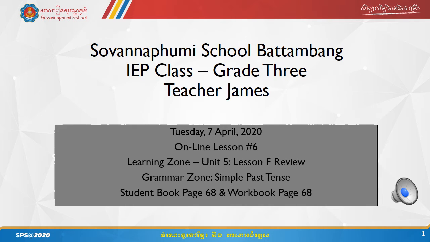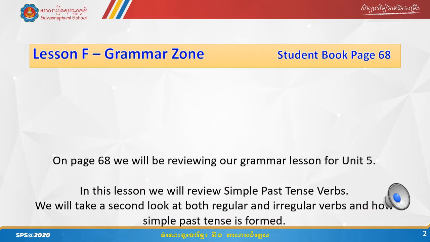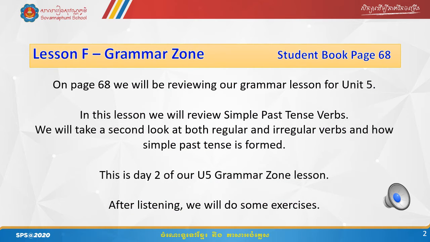Simple Past Tense, Student Workbook, page 68, and Student Book, page 68. We will be using both books today. On page 68 in our student books, we will be reviewing our grammar lesson for Unit 5.